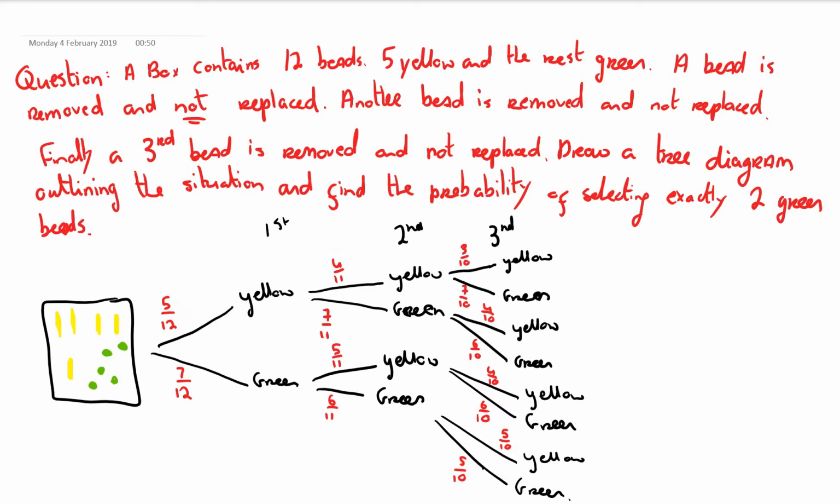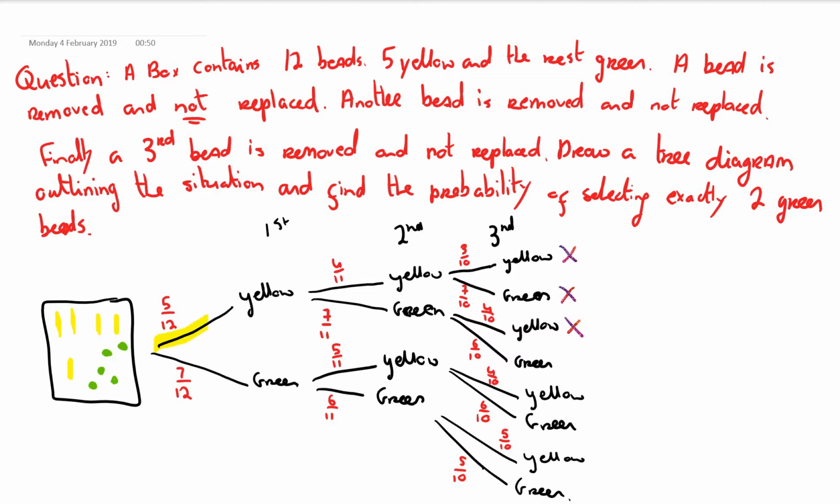Okay, so we're looking at the probability of selecting exactly 2 green beads. So let's look at getting 2 green beads. Well, if I get a yellow and a yellow and a yellow, that's not 2 green beads. Okay, so definitely not. A yellow and a green, that's not either. A yellow, a green, and a yellow, no. A yellow, a green, and a green, that is.